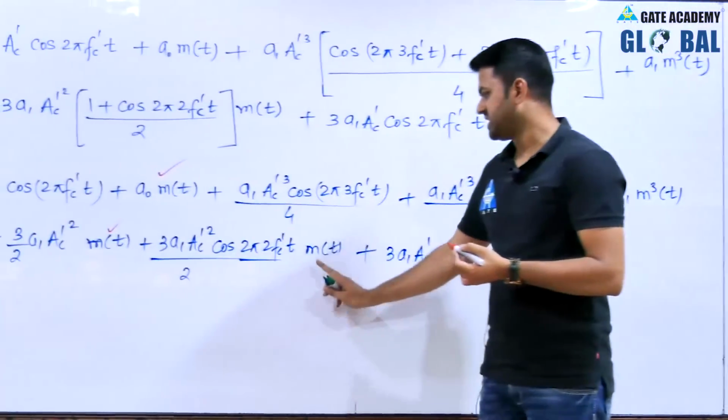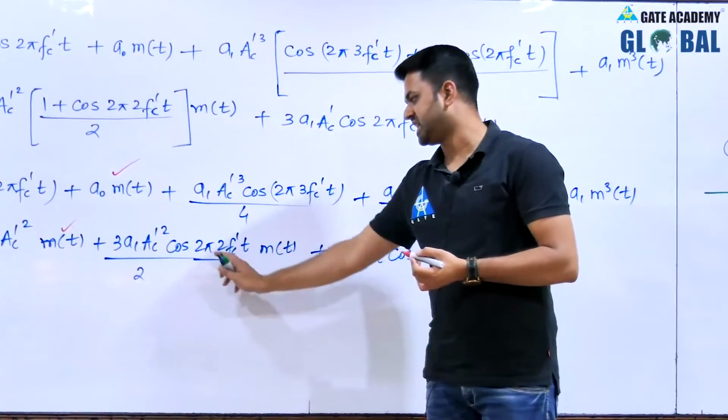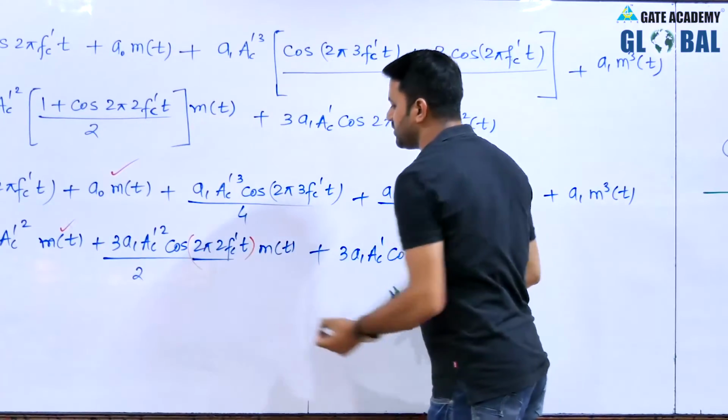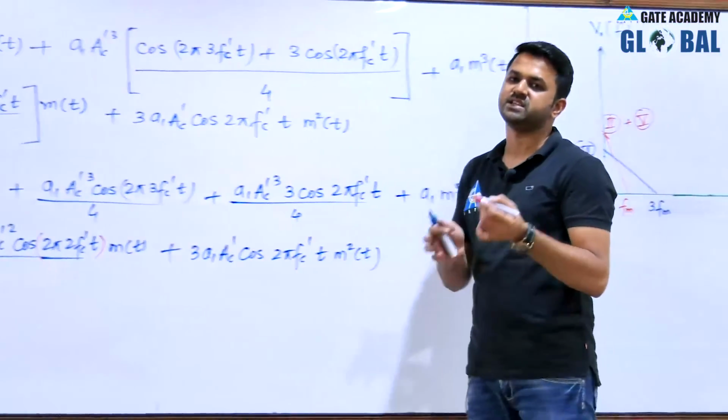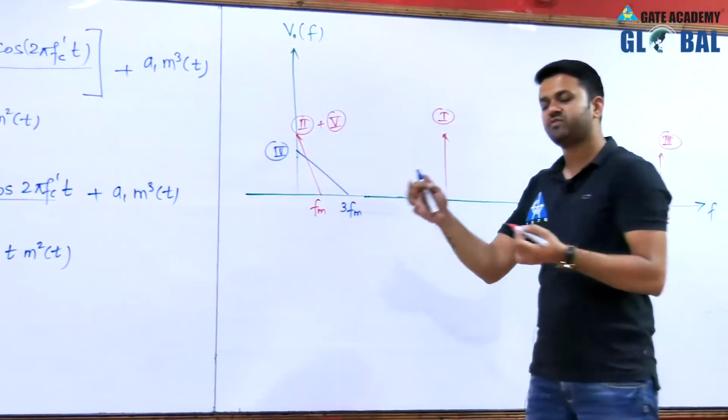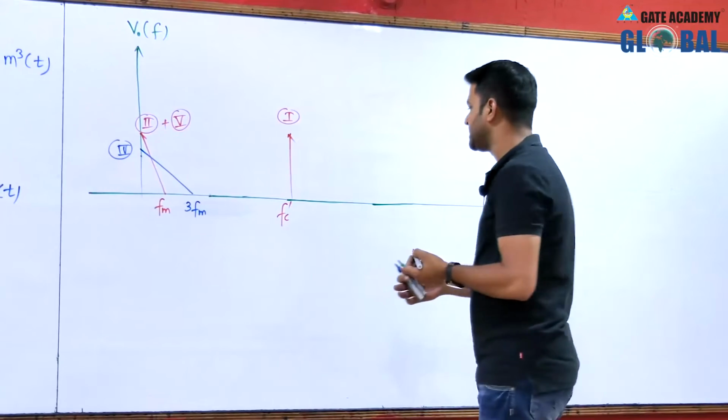Here m(t) is multiplied with cosine having frequency 2fc dash. So m(t)'s Fourier transform, extending to fm, is multiplied with the cosine signal, so it will shift to the frequency of the cosine, and the frequency of the cosine is 2fc dash.